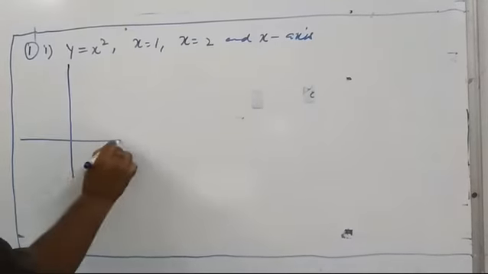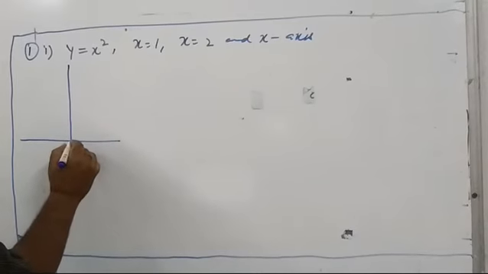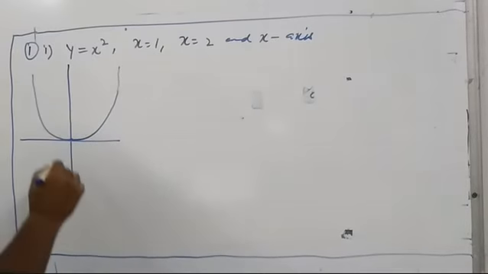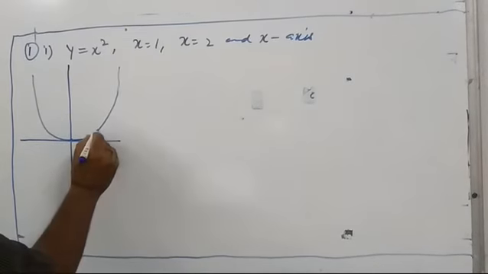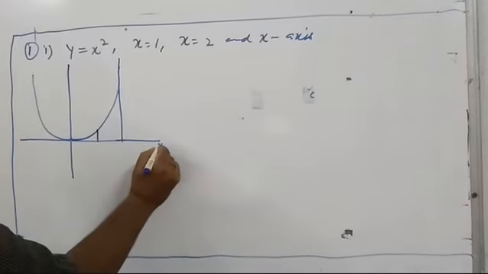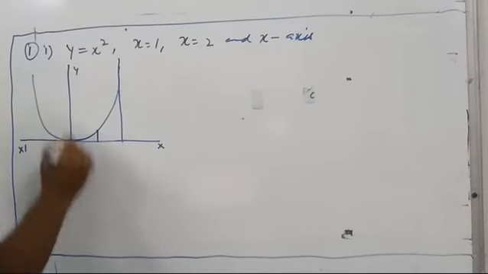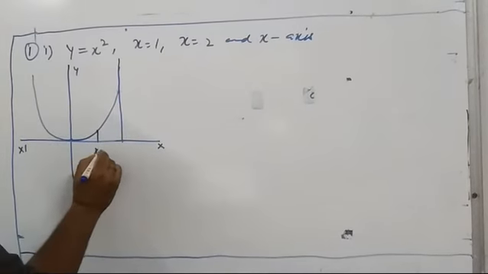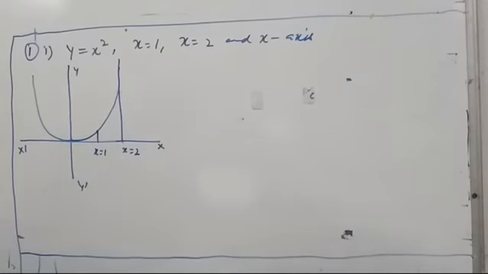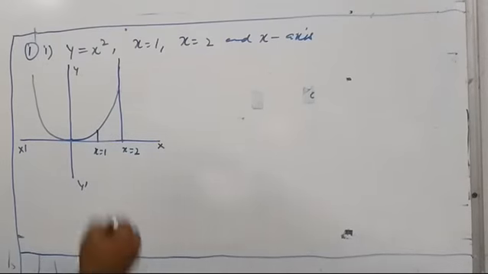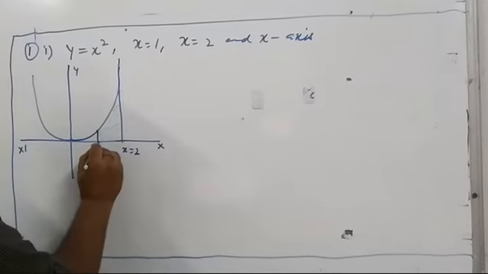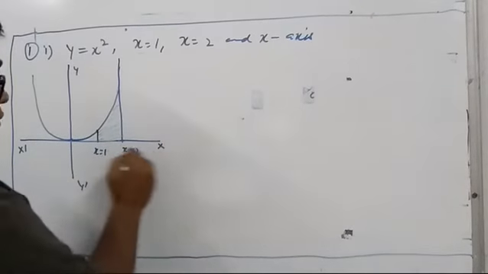We know that this is the parabola, this upward parabola, and this is between x equal to 1, this is x equal to 2, and we have to find the area from x equal to 1 to x equal to 2 and between the x axis.